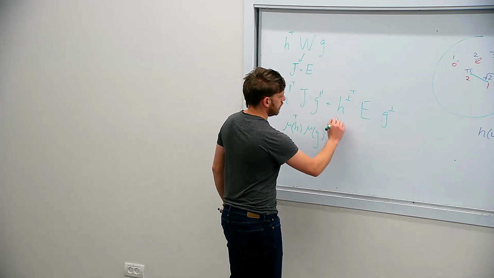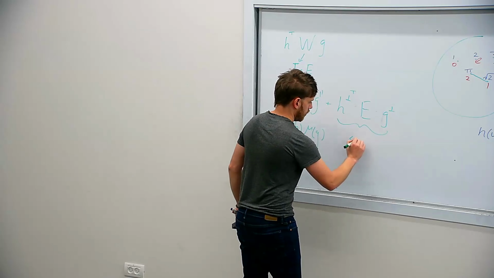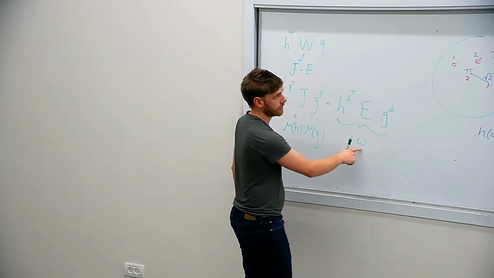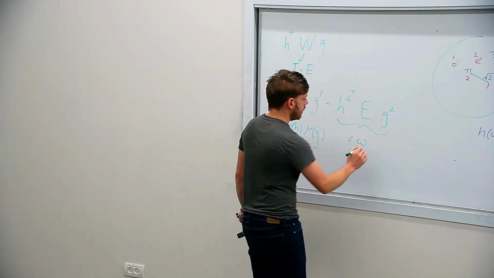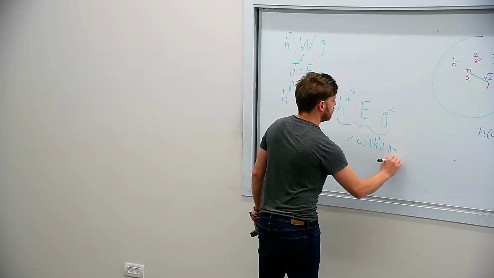And this is at most omega times, where omega is the spectral expansion of the graph, times the norm of H perpendicular times the norm of G perpendicular.